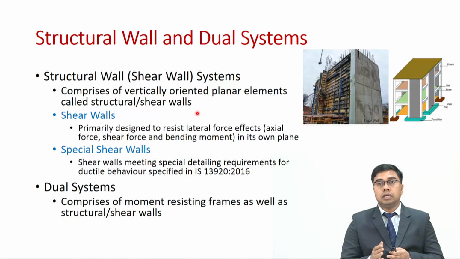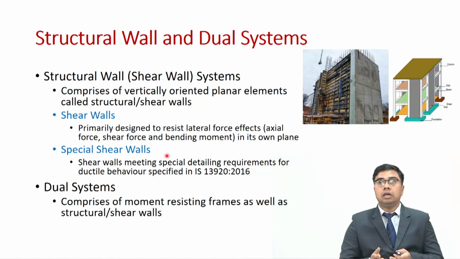These special ductile detailing requirements, which are important from earthquake resistance perspective, are given in IS 13920. In the code IS 1893, you will find these structural systems named as OSW and SSW, ordinary shear walls and special shear walls.